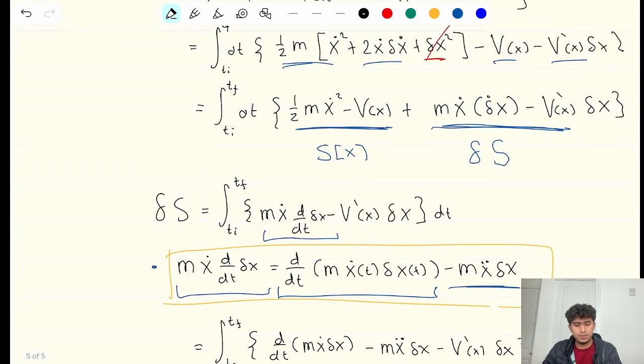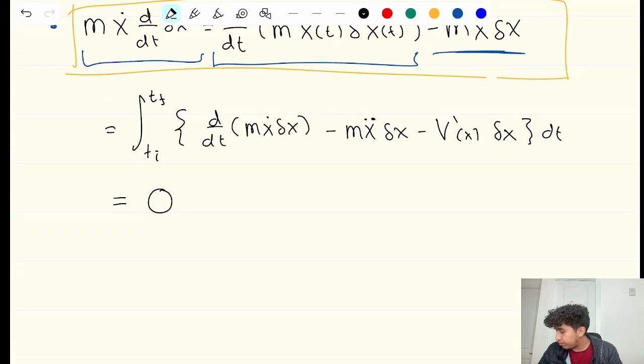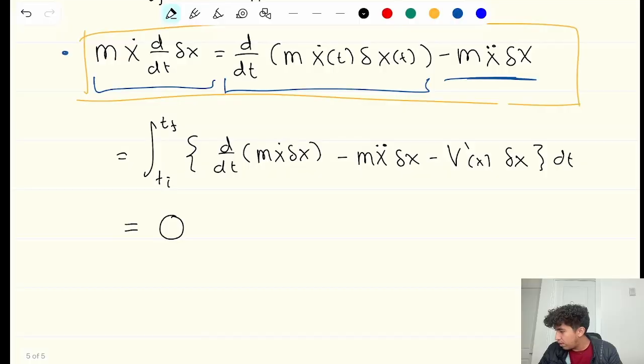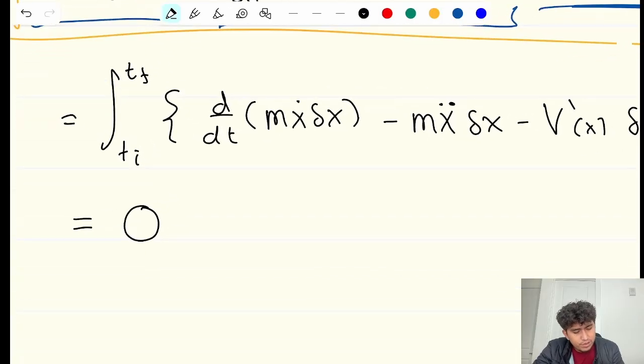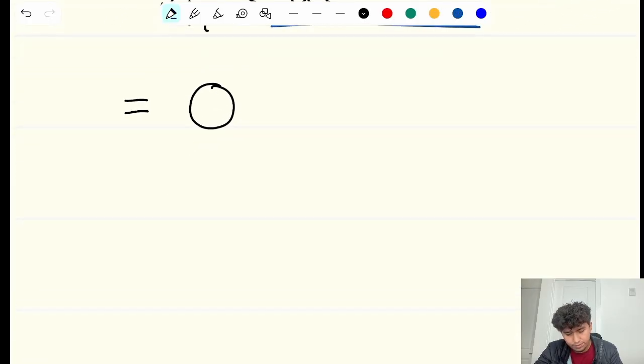So we know delta S, by Hamilton's principle, has to be equal to 0. Let me check if this is right now. Good. Okay. So for the first term, you can just use the fundamental theorem of calculus, derivative, integral. You can just subtract those two.